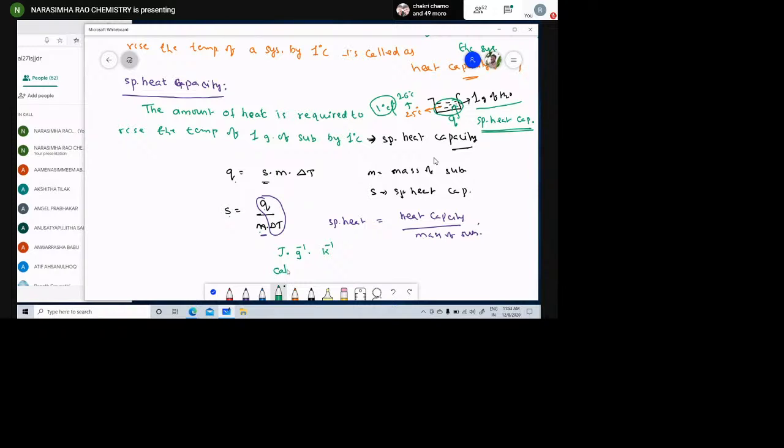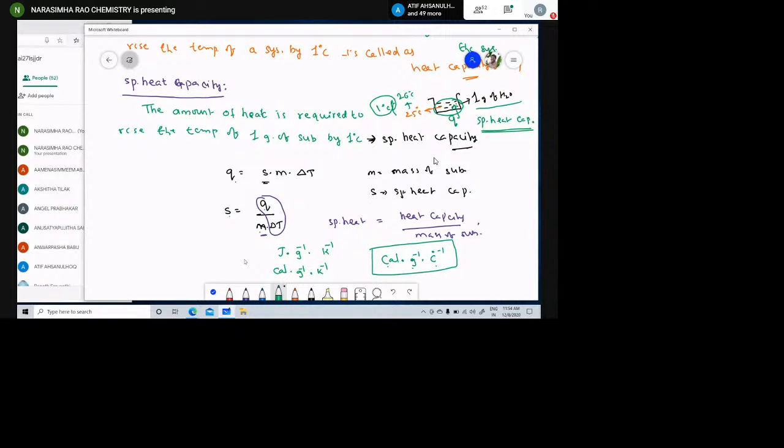If I am taking calories, it is calories per gram per degree centigrade. Calories is energy, grams is mass, and degree C is temperature. Children, it's clear now? The unit of specific heat capacity is calories gram inverse centigrade inverse by this equation. Clear, sir.